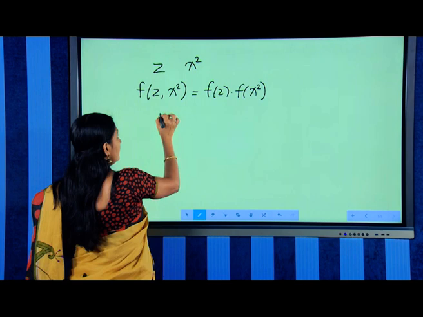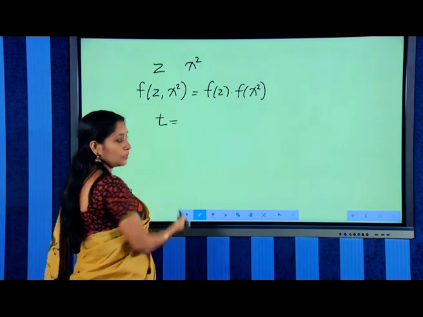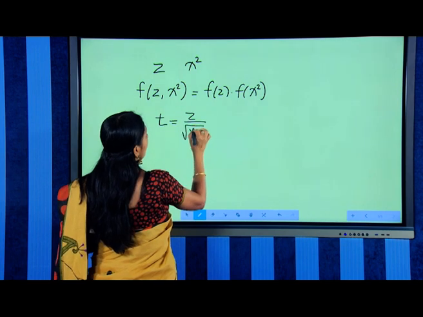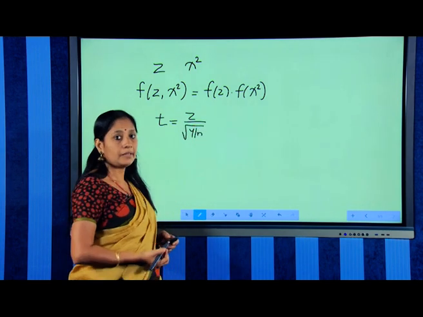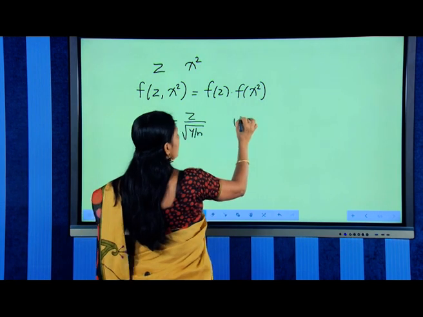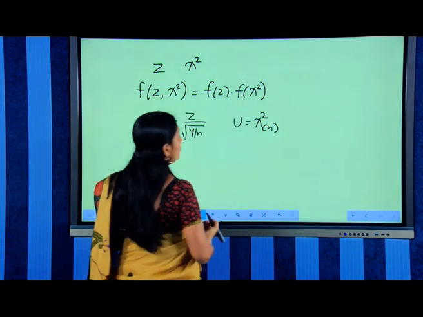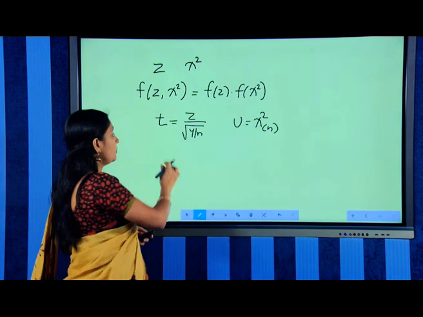Then we consider the transformation t is equal to z by root of y by n and u is equal to chi-square n. We have to find out the distribution of t.